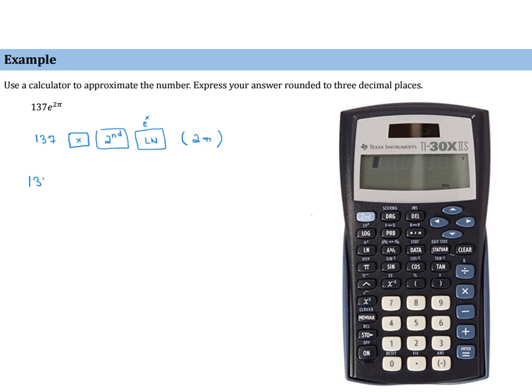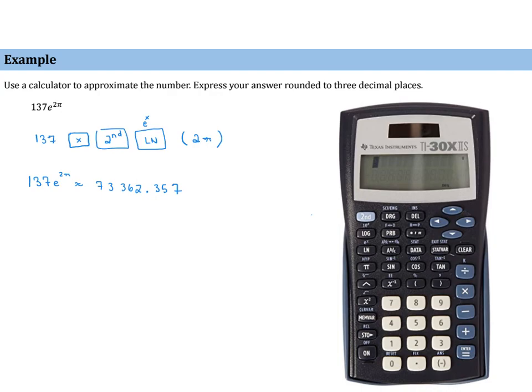So 137 e to the 2 pi is about 73,362. And then we have the decimal places 3, 5, 6, 8, and so on and so forth, but we just round to the third. So the 8 makes us round up, so that 6 will become a 7.